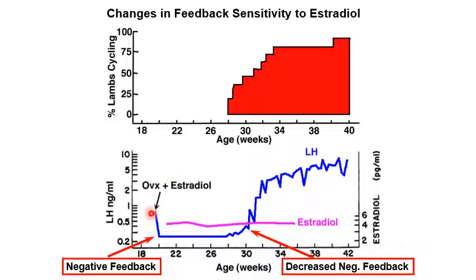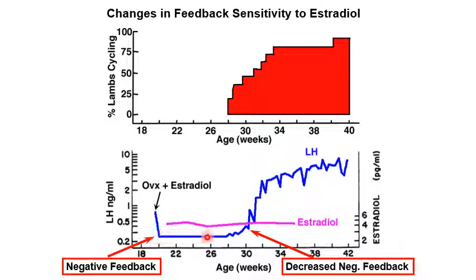Implantation of the estradiol at this time and the following weeks has resulted in a negative feedback for the production of the LH, as shown in the diagram. So there is a decreased production of the LH.